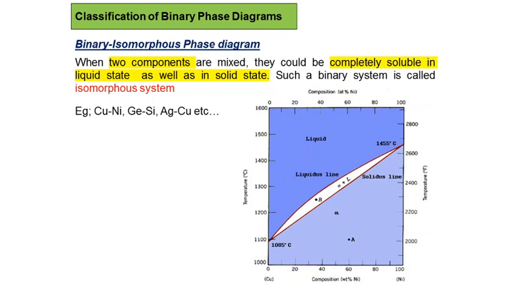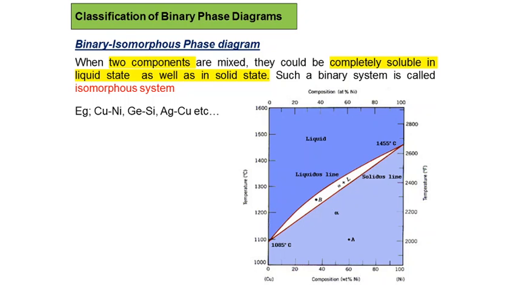For example, if you consider the point 40 on the x-axis, it represents 40% nickel and 60% copper. And if you consider the point 80, that composition represents 80% nickel and 20% copper. The extreme right end, which is 100, represents 100% nickel and 0% copper.